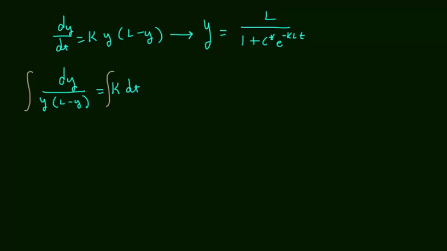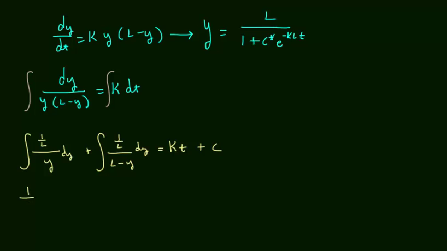So for the purpose of the proof, I'm going to skip over that and wait to the end to do that integration. But it turns out that this is (1 over L) over y dy plus (1 over L) over (L minus y) dy equals big K t plus C.